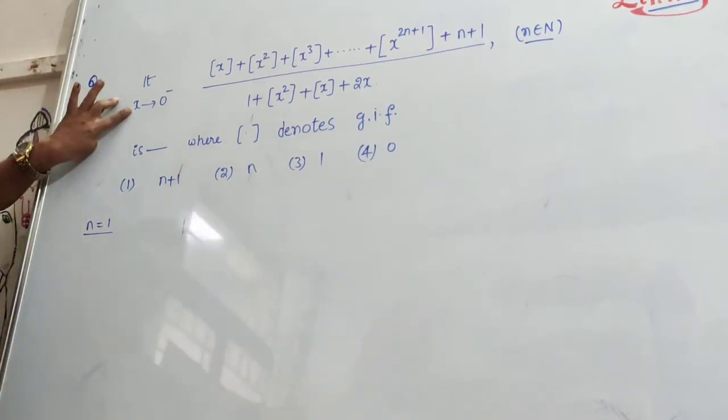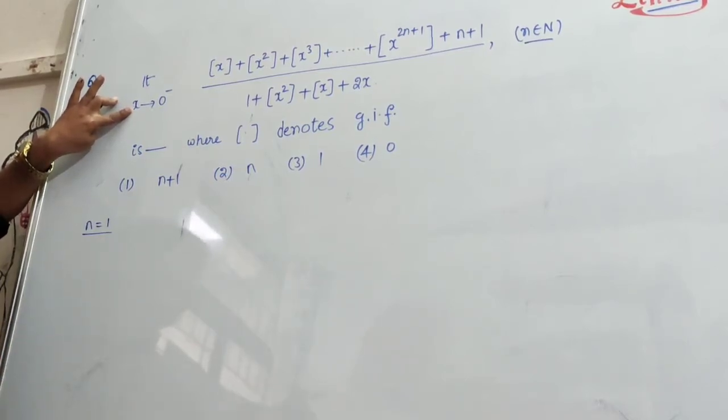Here, actually, the author is discussing the limiting point at x equal to 0, but he has given only the left hand limit. We have nothing to do with the right hand limit at x equal to 0. Let it be.